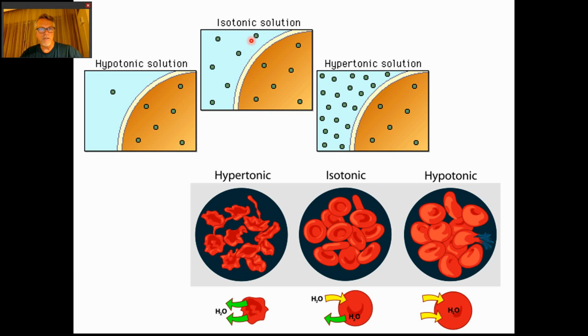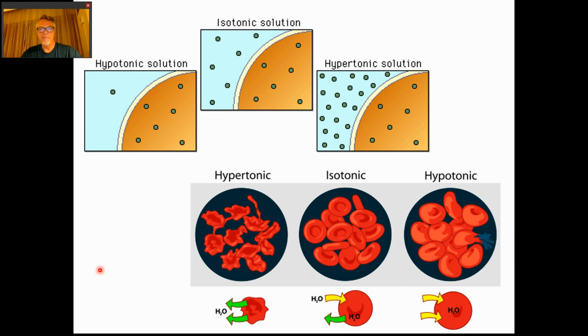Here is an isotonic solution where we have the same number of green dots inside and outside. So water will move in and out of the cell at equilibrium, and basically at a balance, no bad effects for your cell. Hypertonic solution, lots of green dots outside, not as many green dots inside, which means water will move out of the cell and make the cell shrivel up.